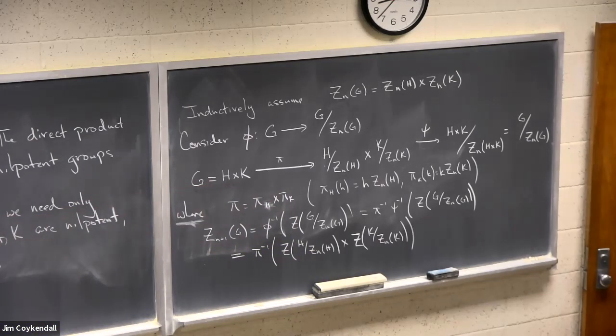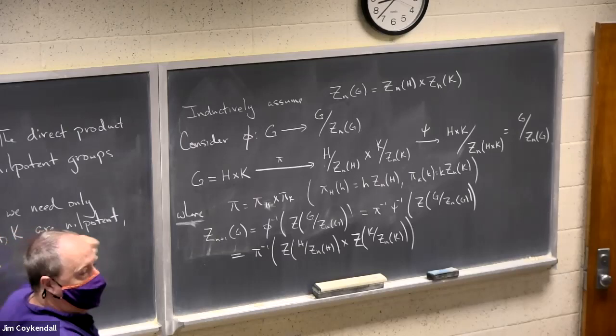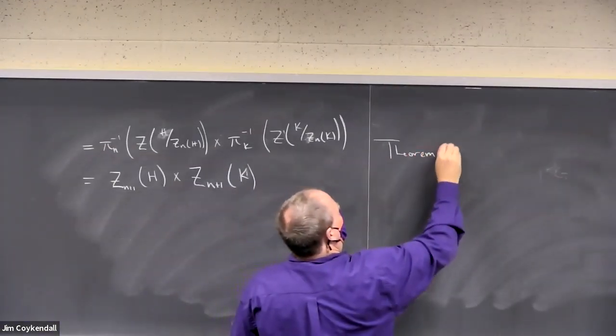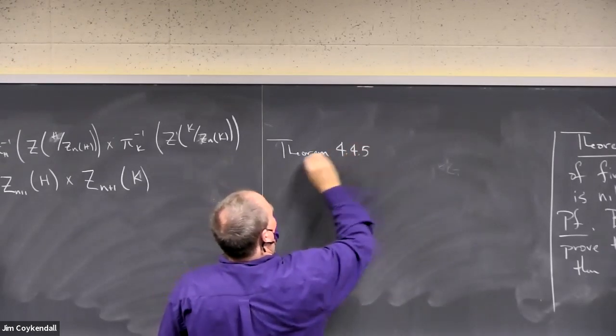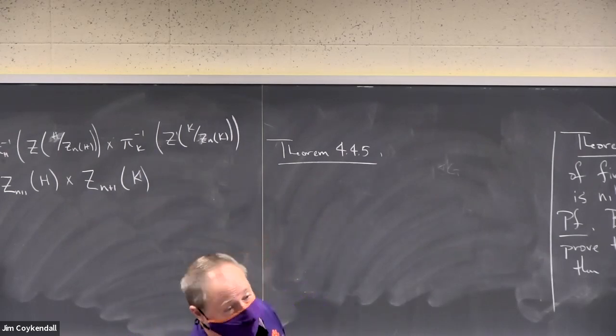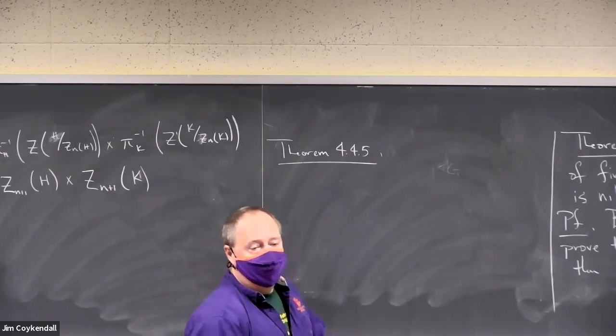So this is a biggie. If you have the direct product of finitely many nilpotent groups, it's still nilpotent. So here is a theorem that is very useful here. I like this theorem because it completely answers sort of your questions here. This theorem gives a characterization of what nilpotent groups are.